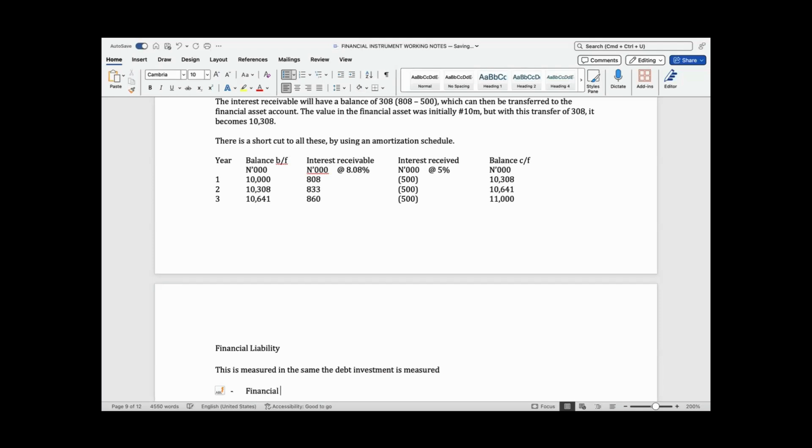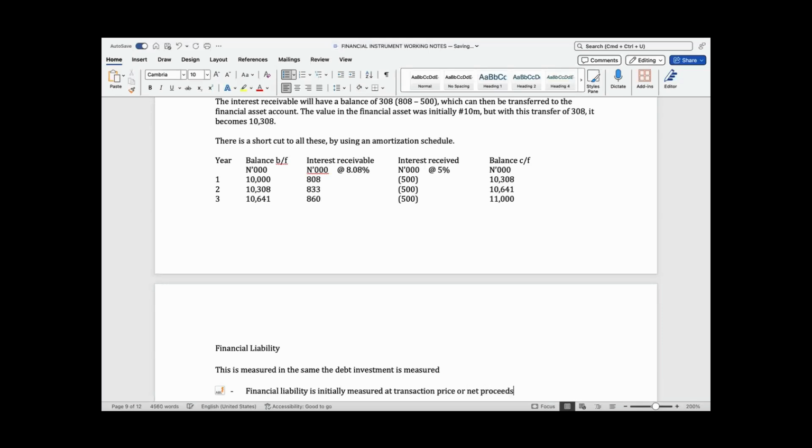financial liability is initially measured at transaction price or net proceeds.